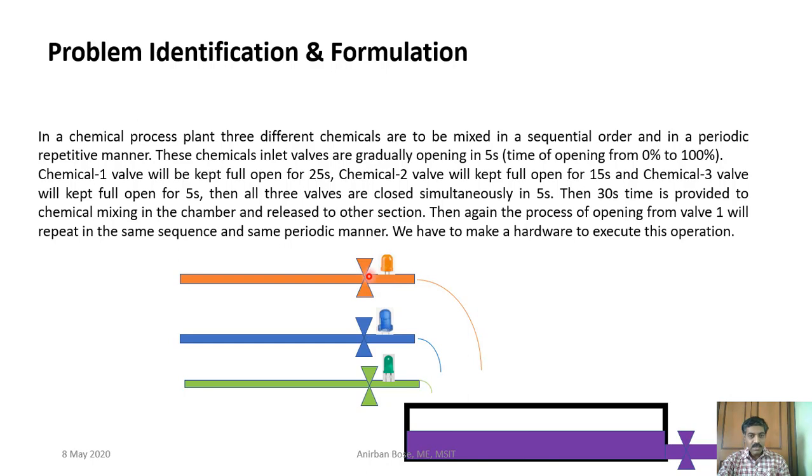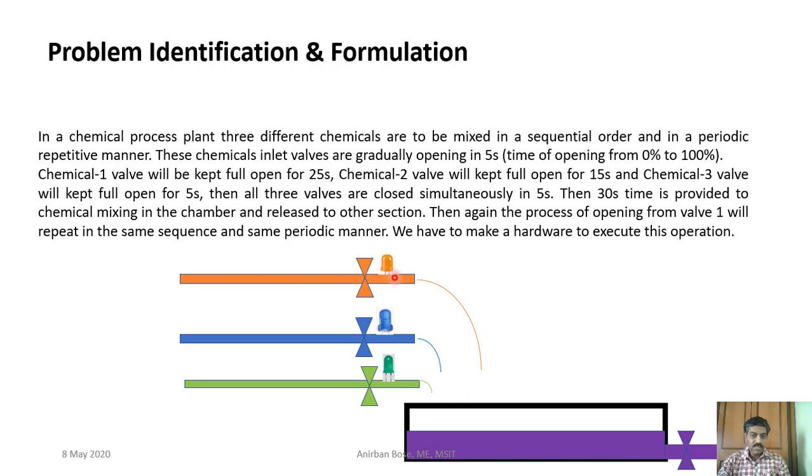That means you have to give certain signal to the servo motor so that the servo motor will keep open the valve for that particular time, and then again it will gradually close. So this signal has to be transferred to the servo motor, and accordingly the servo motor will do the job.